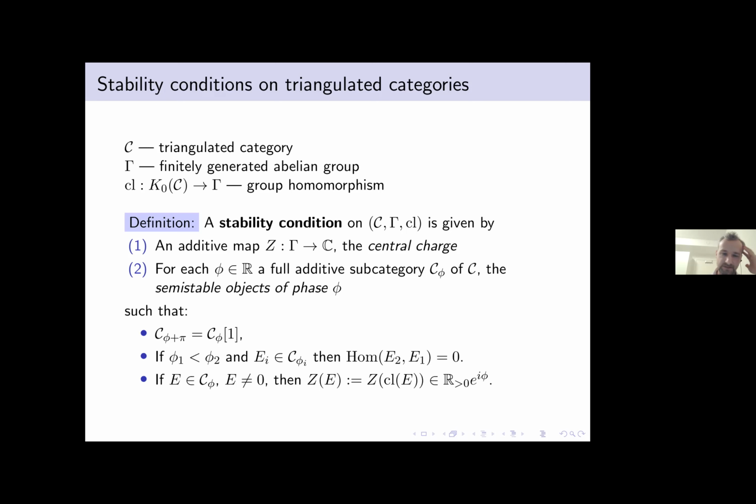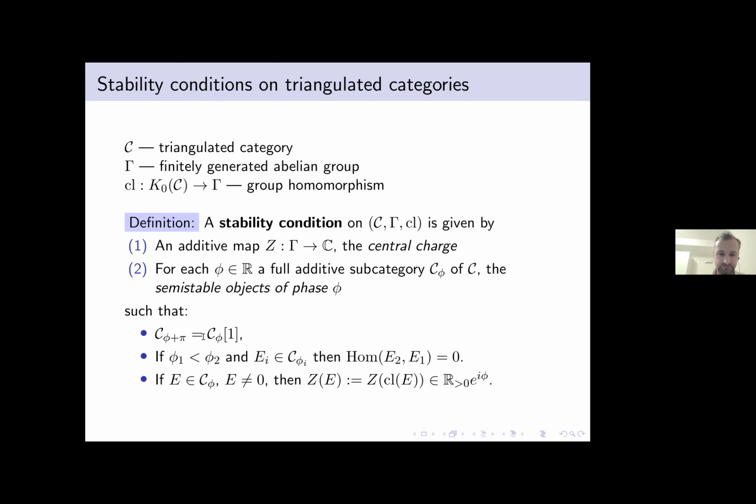Now this has to satisfy a bunch of axioms, which will be familiar if you're used to semi-stable vector bundles on Riemann surfaces. The first is that if I shift the object, then I get a semi-stable object with phase shifted by pi. There are two conventions, shifting by pi or by 1; here I wrote the form where it's shift by pi.